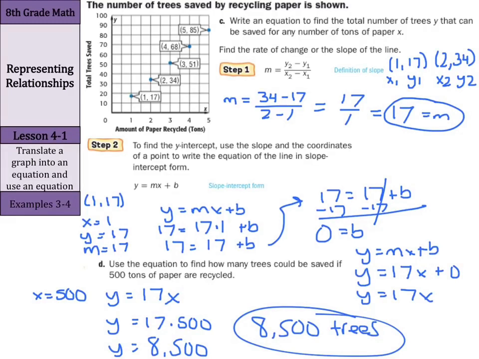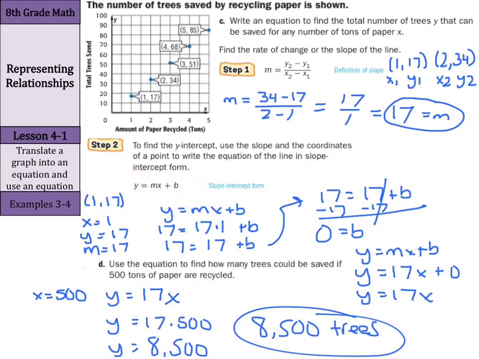Now, as we look again at what just happened here, we wanted to write an equation for the total number of trees y that can be saved for the number of tons of paper x. Well, we're going to write our equation in y equals mx plus b form. So we need to find our m, and we need to find our b. So to find our slope, we picked 2 points and calculated the slope. Now, to get our y-intercept, we used our slope-intercept form, y equals mx plus b.